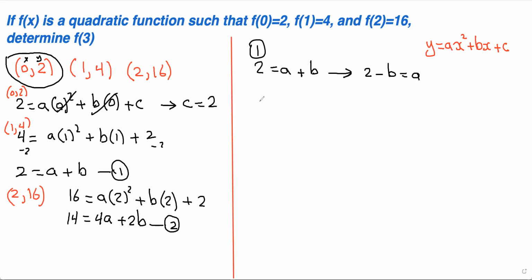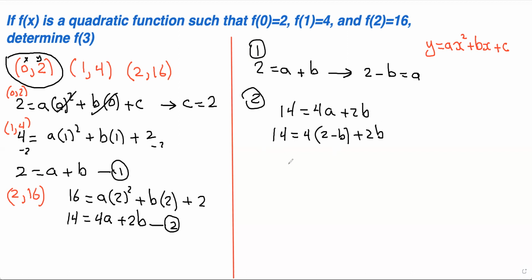And equation 2 is that 14 equals 4a plus 2b. Here, I'm gonna sub in the 2 minus b for the a, because that's what the a is. So that's just substitution. So 14 equals 4, instead of a is 2 minus b, plus 2b.